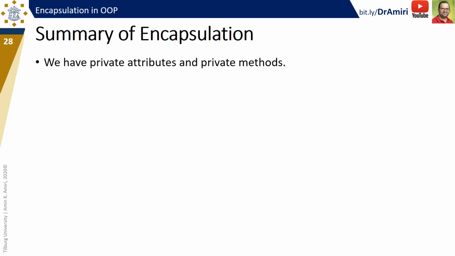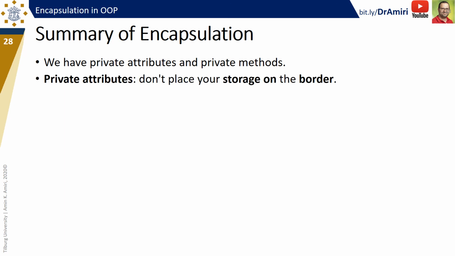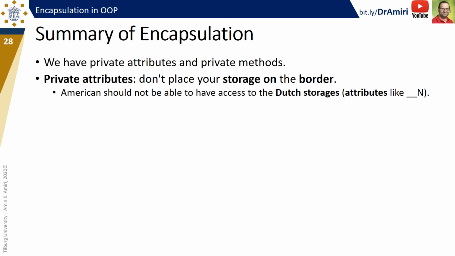So let me provide a summary of encapsulation, what we have learned so far. We have learned that we have private attributes and private methods. Private attributes are like not putting the storage of your factory on the border, so that the American does not have direct access to Dutch storages.